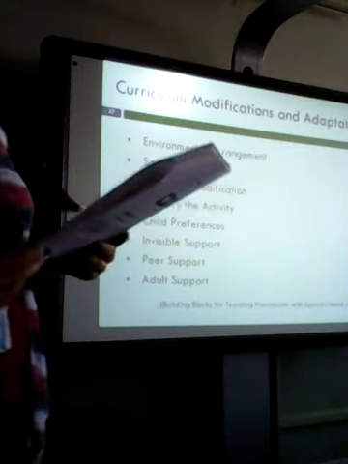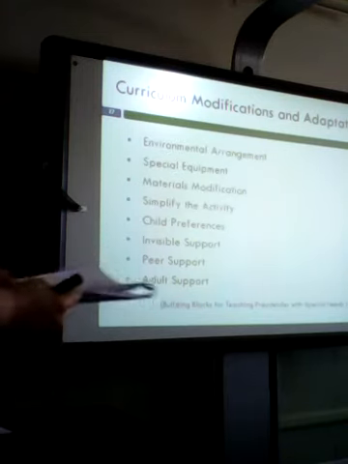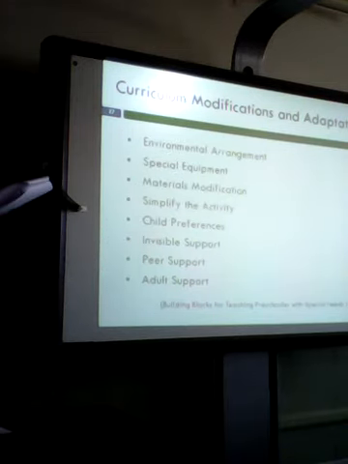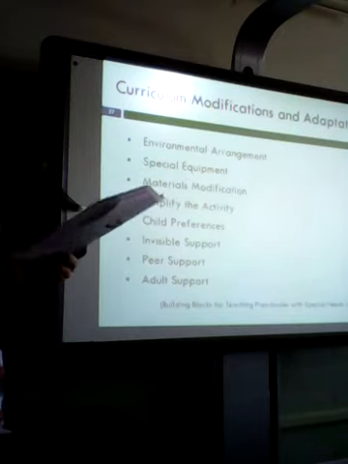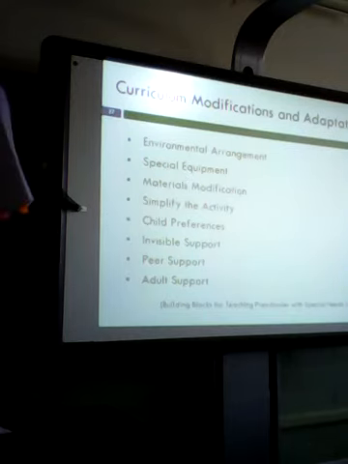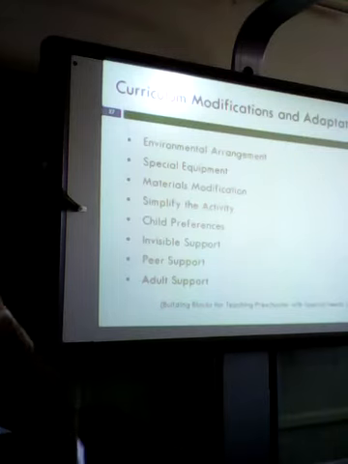And then of course peer support, so utilizing peers to help within the classroom. So the peers can model, you can pair a student with a peer, use praise and encouragement. I think that's one thing I don't see us using enough of, is that peer support.